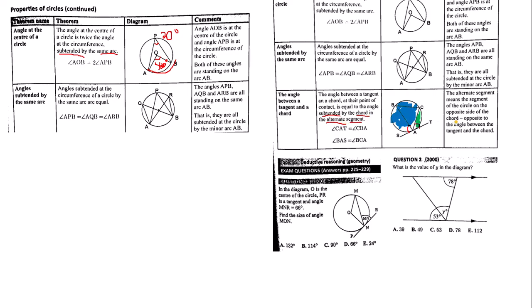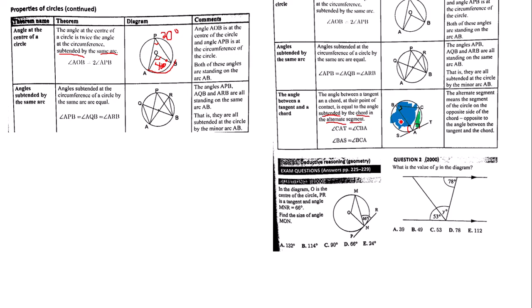Okay, so if you look at line CA, then it divides the circle into the green segment and the blue segment. So they say this angle in the green segment is equal to the angle subtended by the same chord CA in the other segment. They're talking about this angle.